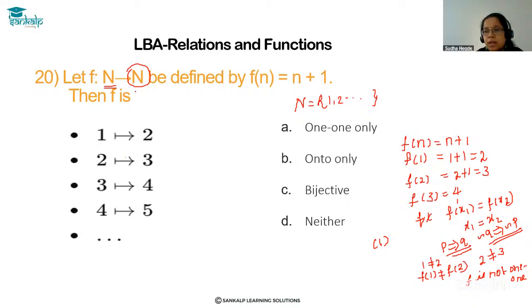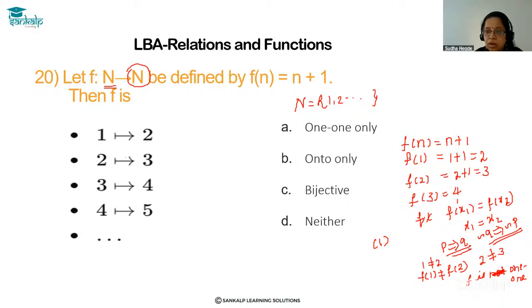See, all other elements have pre-image. Only 1 does not have any pre-image. Therefore, it is not onto. We have proved f is 1-1 using the contrapositive method, but it is not onto.